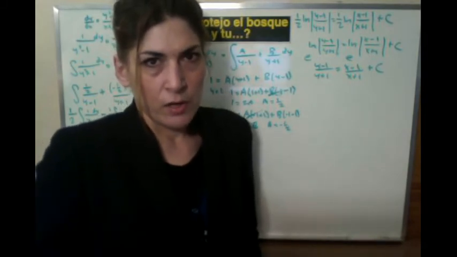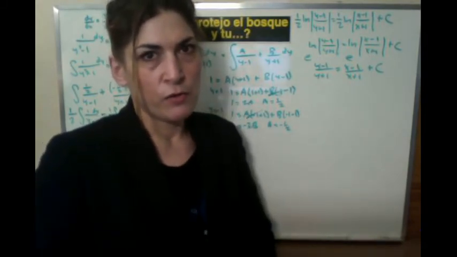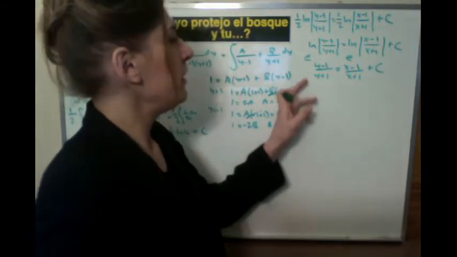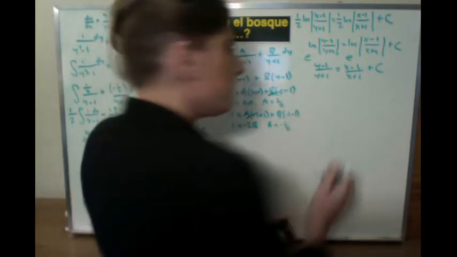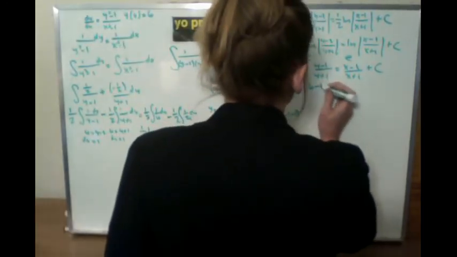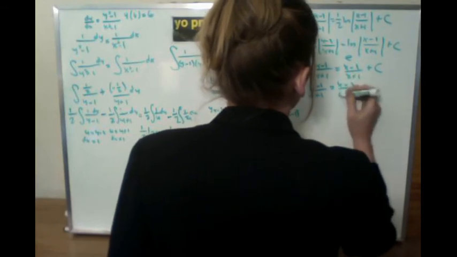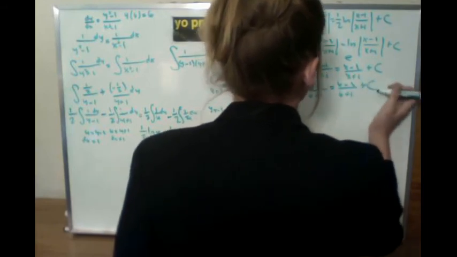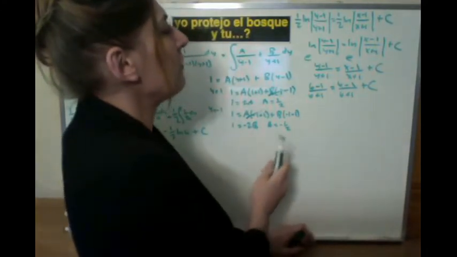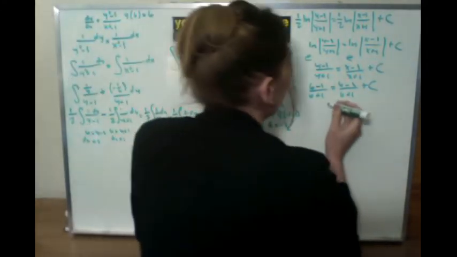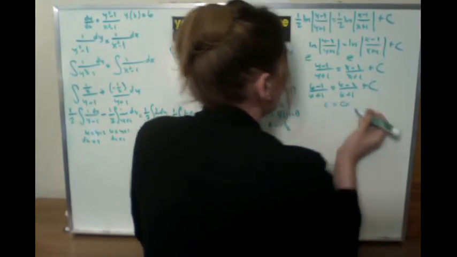We can now plug in the initial value to solve for c. If we plug in y equals 6 and x equals 6, we have 6 minus 1 over 6 plus 1 equals 6 minus 1 over 6 plus 1 plus c. Now if we subtract 6 minus 1 over 6 plus 1 from the left side, we have c equals 0.